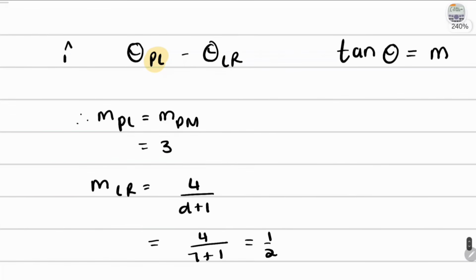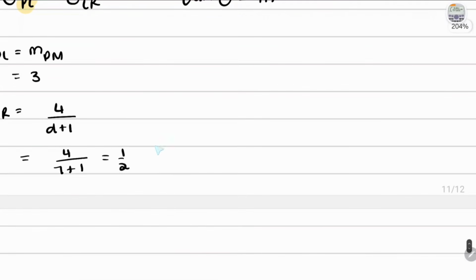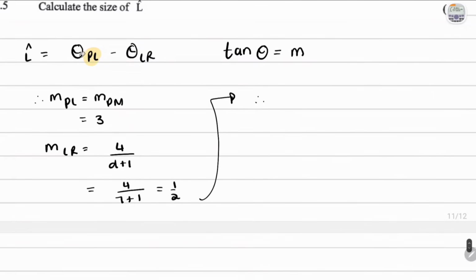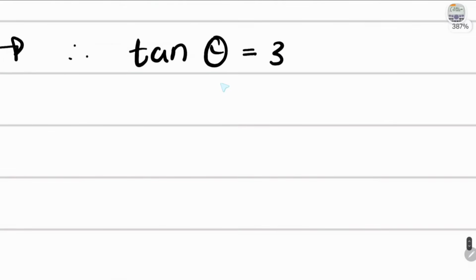Okay, I should have said angle L equals... Now we can say, therefore, to find these angles, let's just find them separately. We'll find the angle of inclination of PL first. That's tan of theta is equal to our gradient. PL is 3. And now we can find that angle.